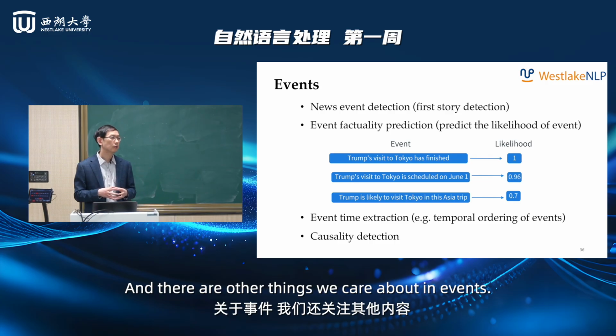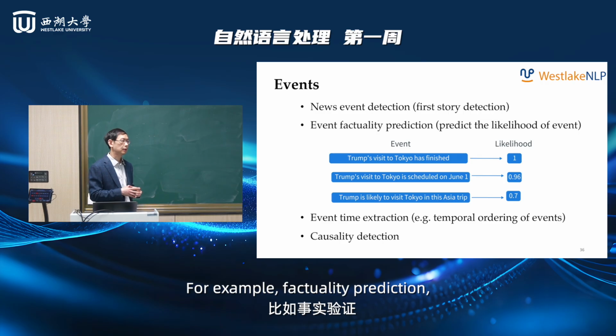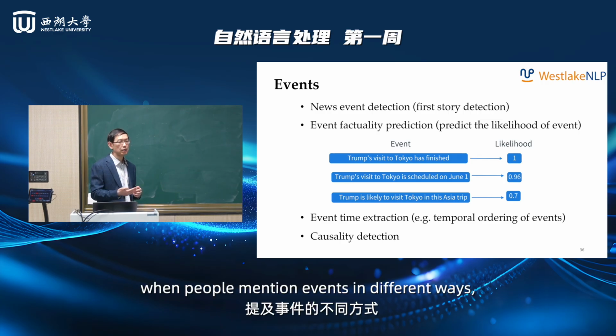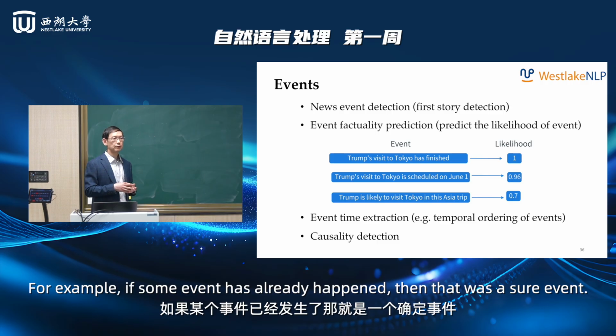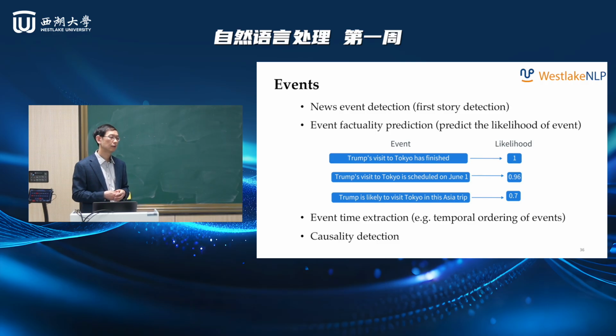And there are other things we care about events. For example, factuality prediction. So when people mention events in different ways, people indicate different chances for the event to happen. For example, if some event has already happened, then that was a sure event. Okay?